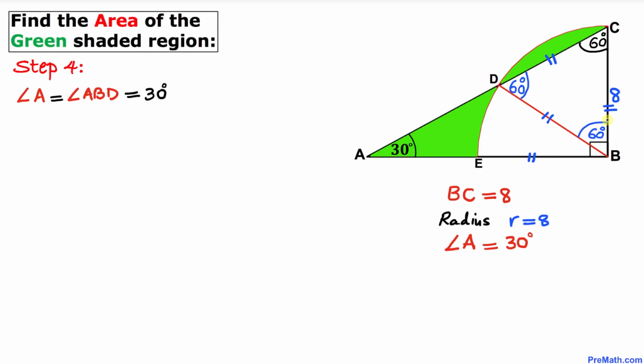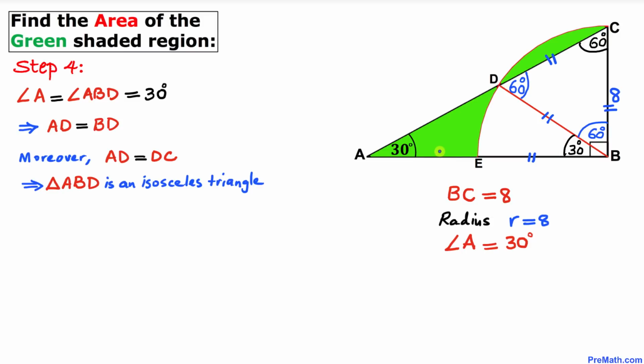Now in this next step, we know that this whole angle is 90 degrees and this angle is 60 degrees. Therefore, this angle has got to be 30 degrees. Now we can see that angle A is 30 degrees and angle ABD is 30 degrees as well.